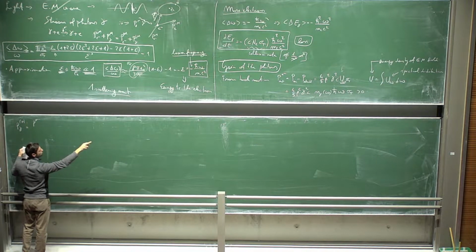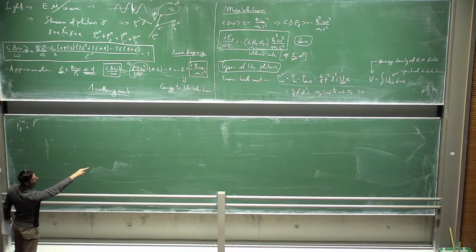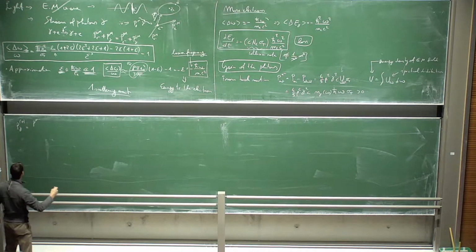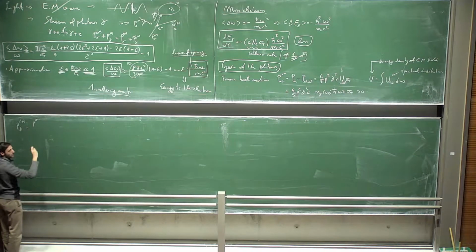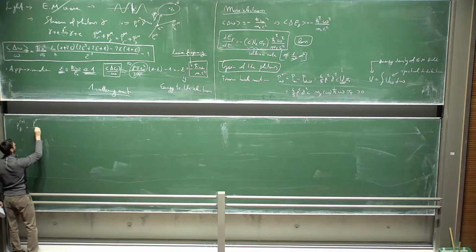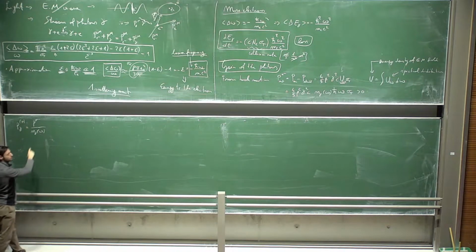That's related to all the photons, because there is an n gamma. I want to know the gain given by one photon. Therefore, I just divide by the number of photons that have that frequency.